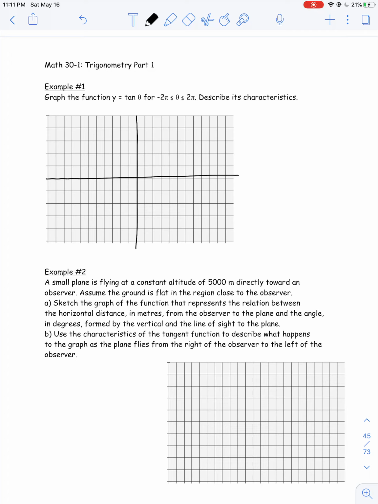Okay, so the first notch will be pi over 4, then this will be pi over 2, then 3 pi over 4, and the next would be pi, and then 3 pi over 2, and then 2 pi.